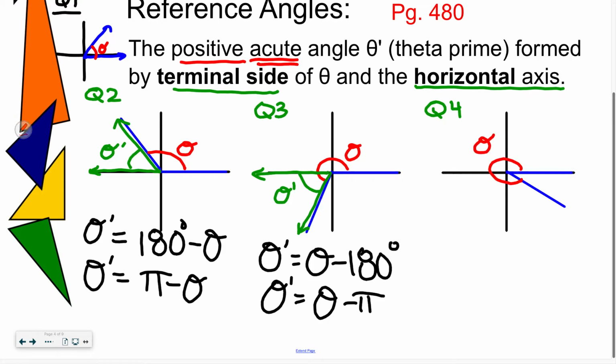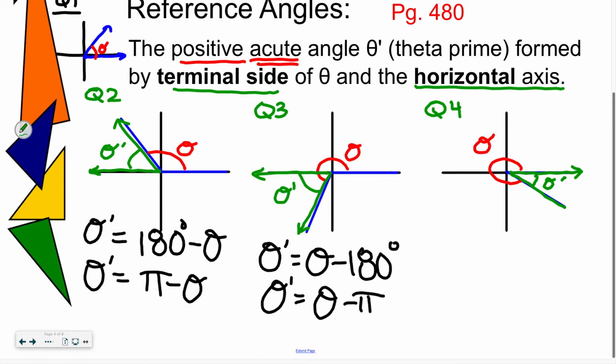So now this angle is even bigger than 270. When we move over into quadrant 4, our reference angle is formed by the terminal side and the horizontal x-axis, so that we create the acute angle. That would be now the positive side, right? So theta prime is that small angle right there.